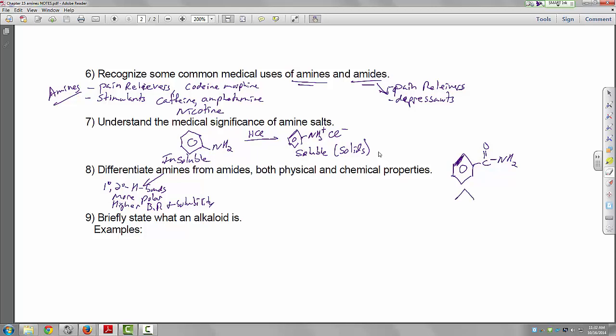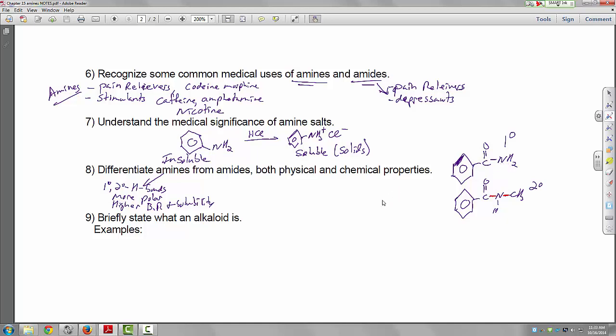But you can also get this here, which would be a primary amide, because there's only 1 nitrogen carbon bond. This would be secondary because we have 2 nitrogen carbon bonds and only 1 hydrogen, so it's not quite as polar because you can only form 1 hydrogen bond here, whereas with the benzamide you can form 2.